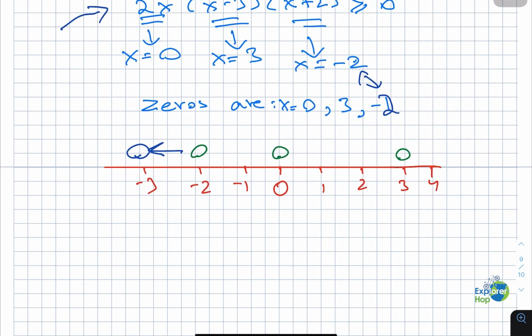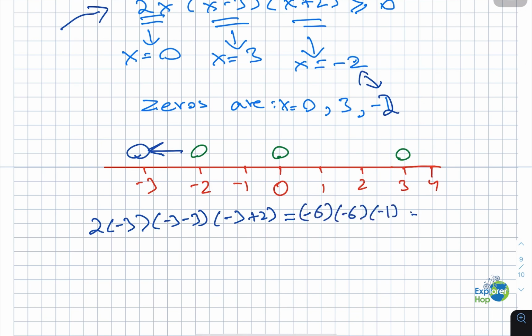This would give me 2 times minus 3 times minus 3 minus 3 times minus 3 plus 2, which is equal to minus 6 times minus 6 times minus 1, which is a negative number. Therefore, it is negative on this side.